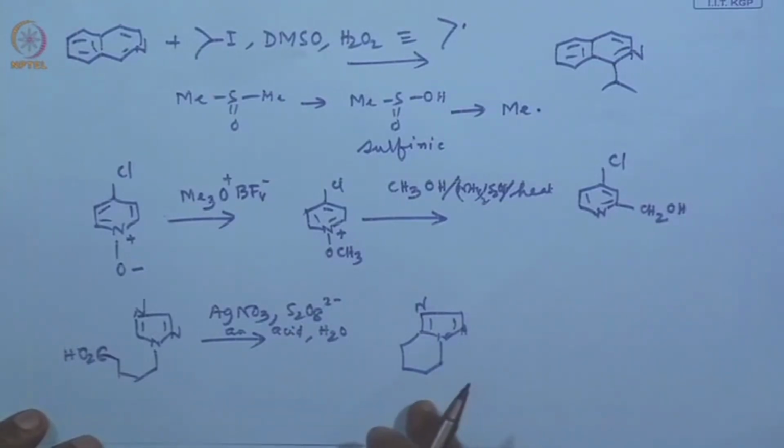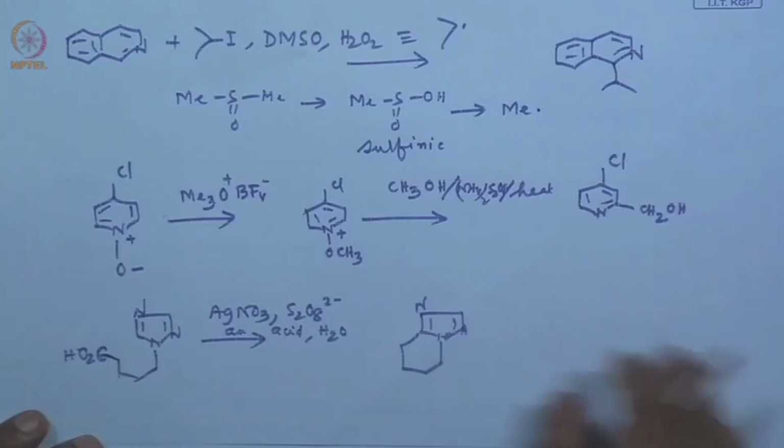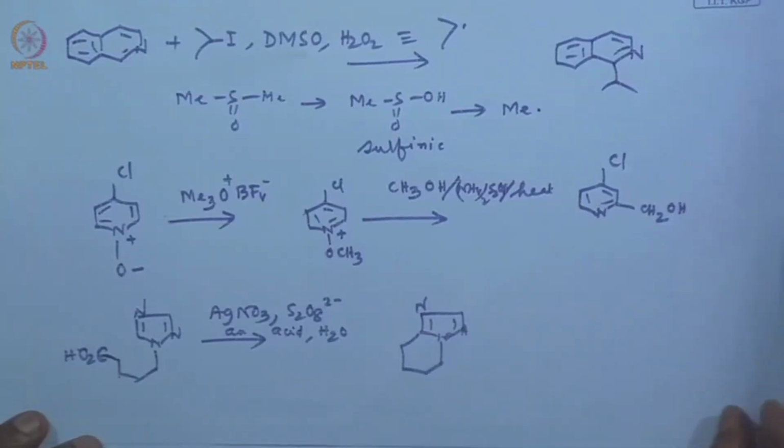Also, it tells you something else, that even a 5-membered ring can be functionalized by a carbon radical. So long we had been giving examples on the 6-membered ring. This is another example. The use of radicals for the functionalization of 5-membered rings is not common, but they could be useful provided they have a nitrogen in it. Okay.